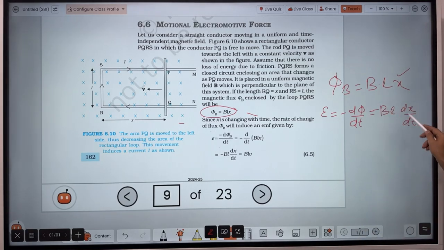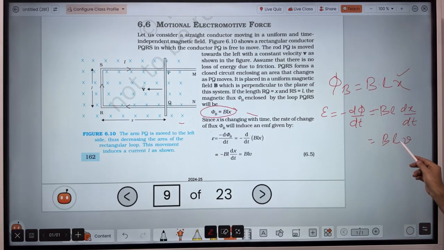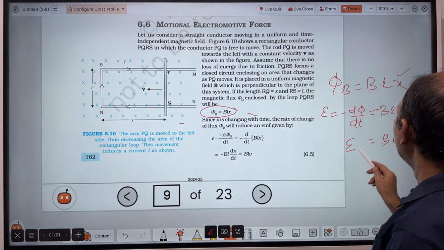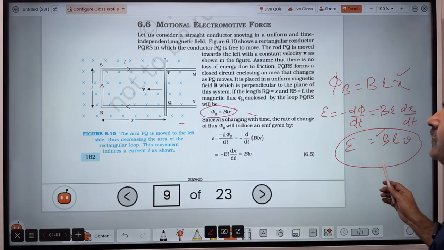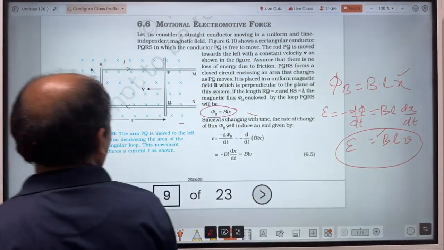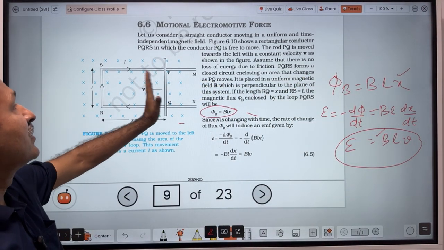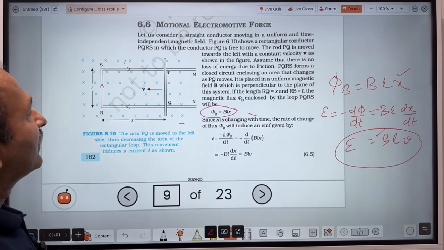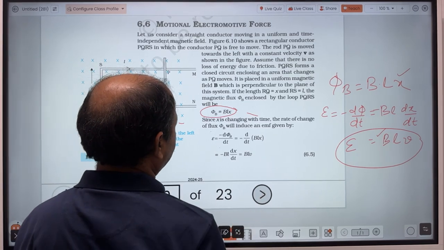So we can replace minus dx by dt as v, because here x is decreasing. So that is why the minus sign is involved in it. So we have got motional EMF as BLv, meaning magnetic field strength, length, and the velocity with which the conductor is moving. Right. So this is called a motional EMF. Here this conductor is in motion in a magnetic field, right? So the description is given here, you can easily understand.